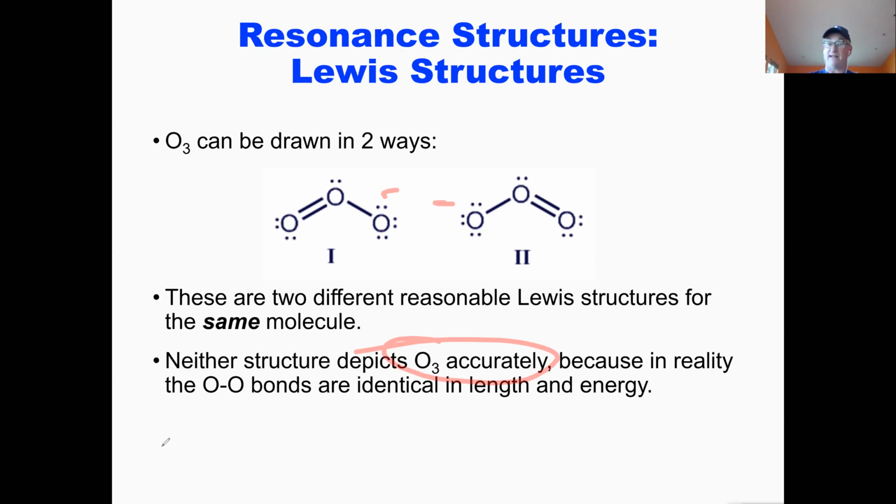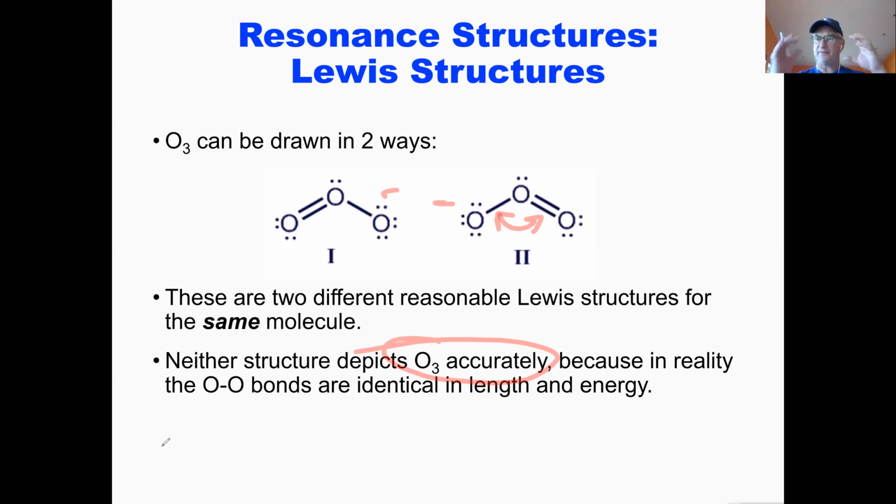The reason is because we can put ozone in a spectrophotometer. A spectrophotometer basically just shines light onto ozone and looks to see what frequencies these bonds are stretching. This is a bond here that stretches like this. It moves back and forth, and it also stretches this way.